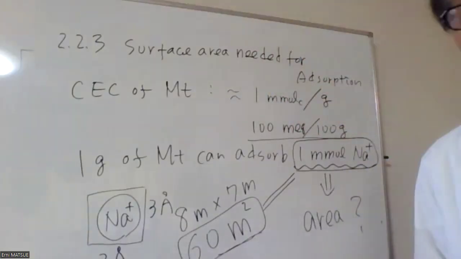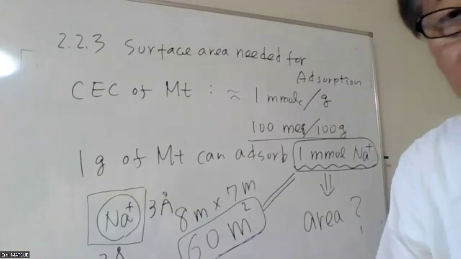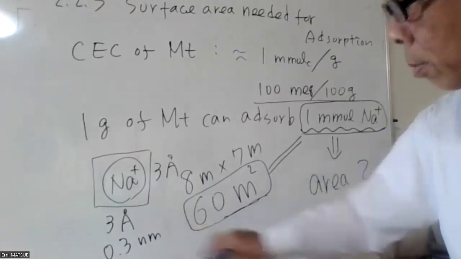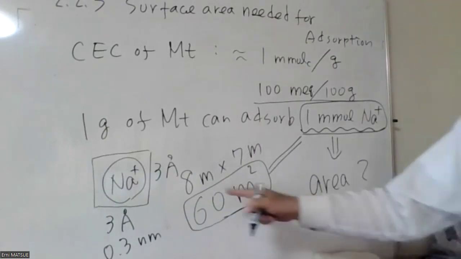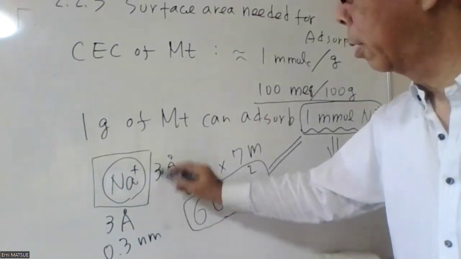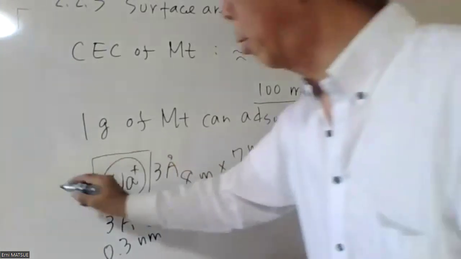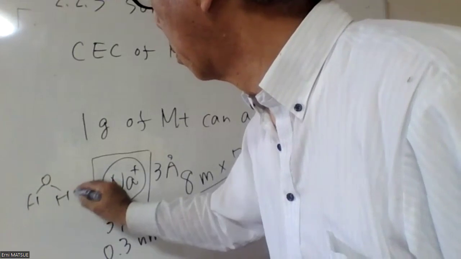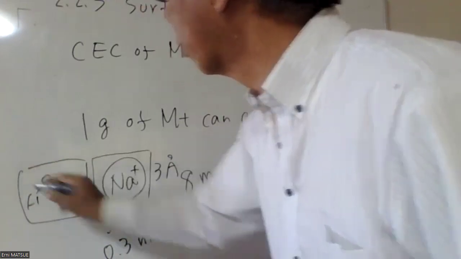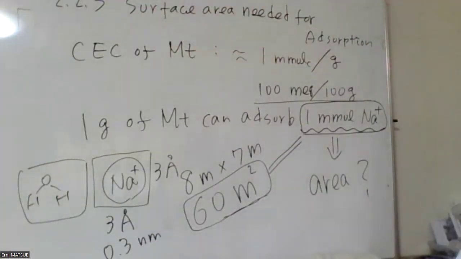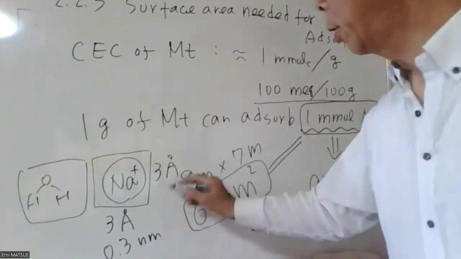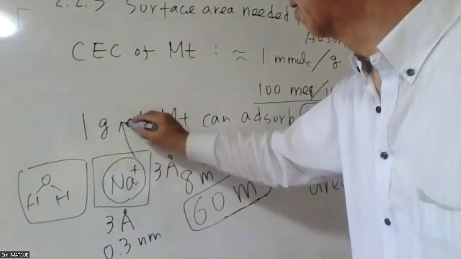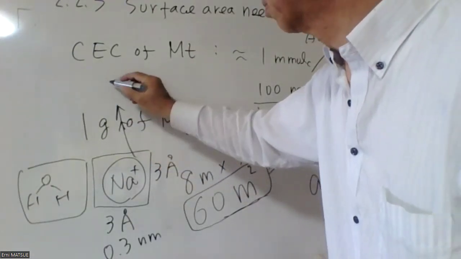That is 0.3 nanometer. Na plus is about the same size as water, H2O.